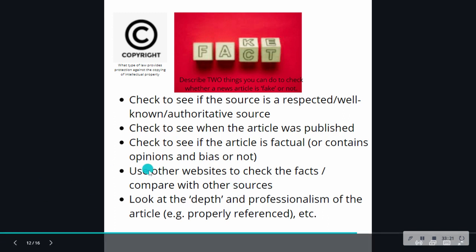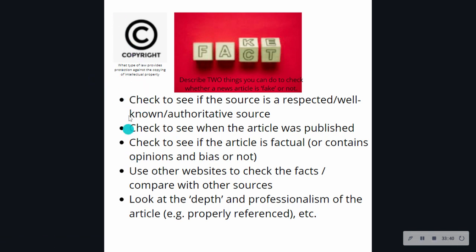That's also a credibility that you can check. And then look at the depth of the professionalism of the article. In other words, how does it look? Is it properly referenced? Is it properly compiled? How's the language, etc.? Okay, so go read and learn two of those things at least.